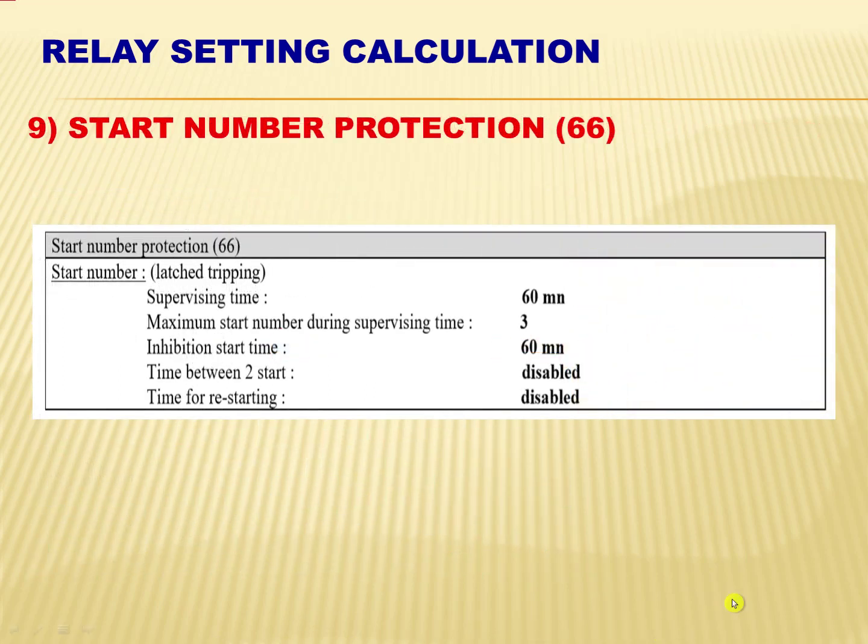We have here the start number protection or relay 66. Our supervising time will be 60 minutes. Maximum start number during supervising time of 60 minutes or 1 hour, meaning within 1 hour we are allowing only 3 starts. The inhibition start time is also 60 minutes, or equivalent to 1 hour.